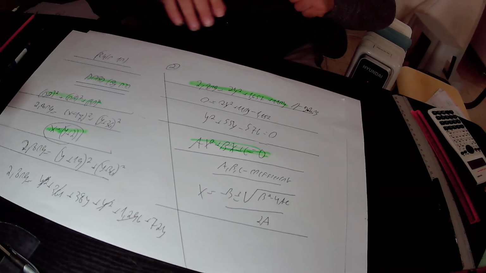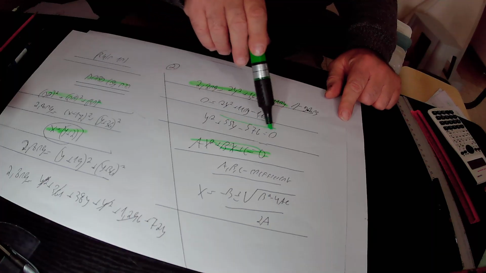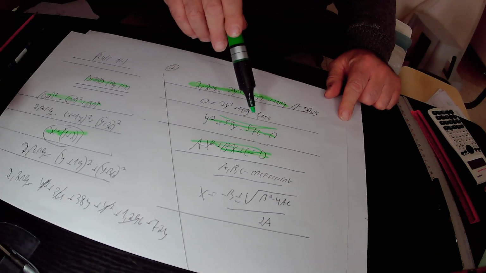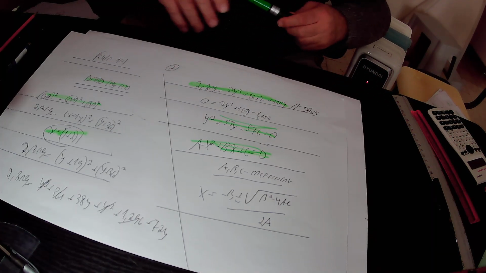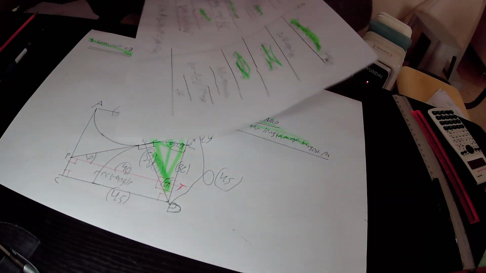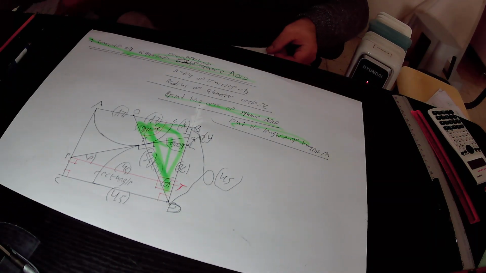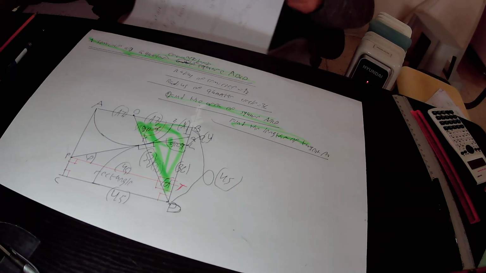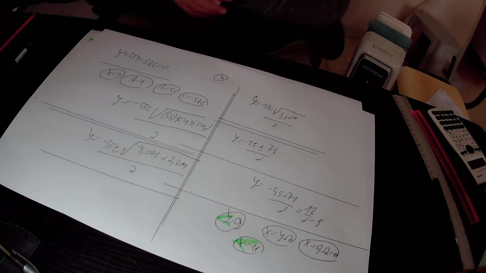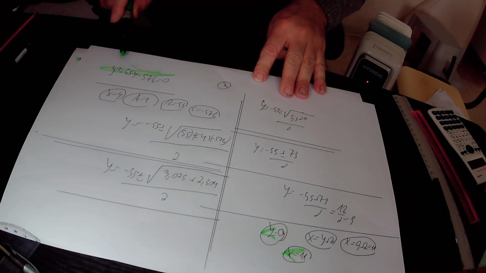Now a specific quadratic equation, that is to say y squared plus 55y minus 576 equals 0. The variable that we are looking for is y, so x equals y.